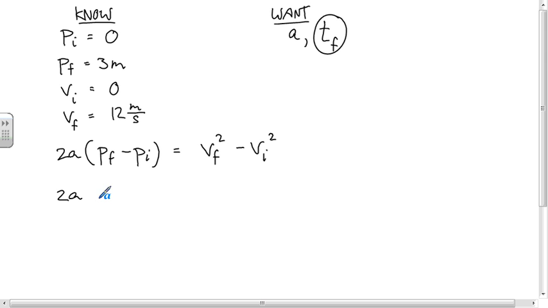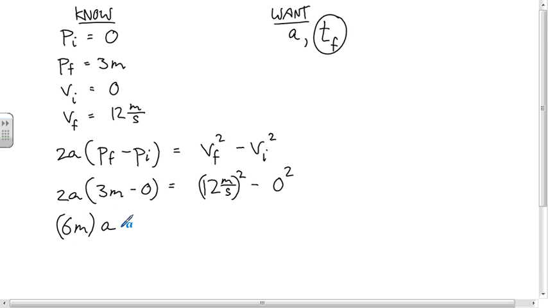So 2a times the quantity, 3 meters minus 0, is equal to v final, that's 12 meters per second, squared, minus 0 squared. And if you multiply all this out, you get 6 meters times the acceleration is equal to 144 meters squared over seconds squared.